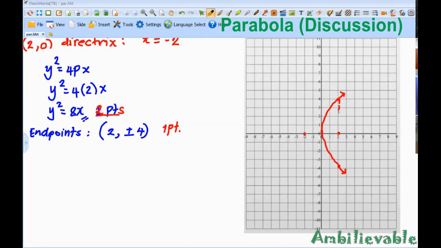So 2 points for the graph also. So focus is at 2, 0. We have here 2, 4, and 2, negative 4. And we have here x is equal to negative 2. Okay?